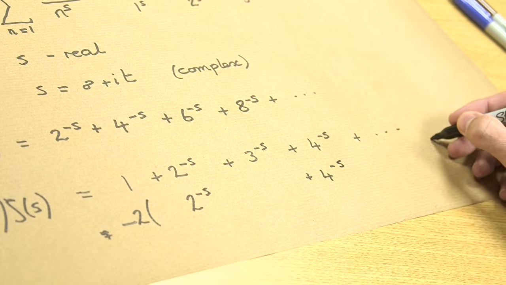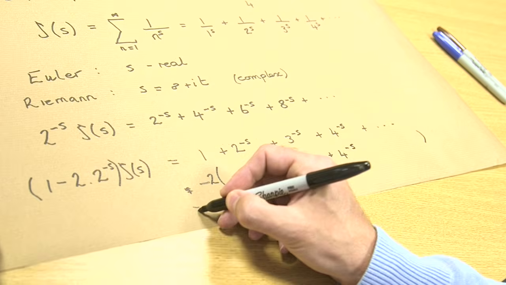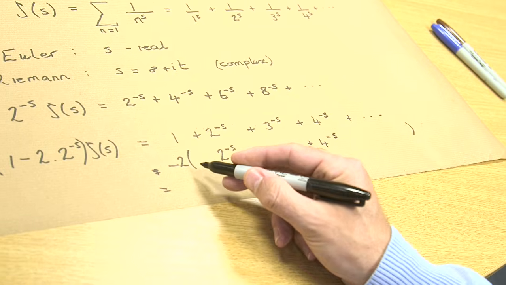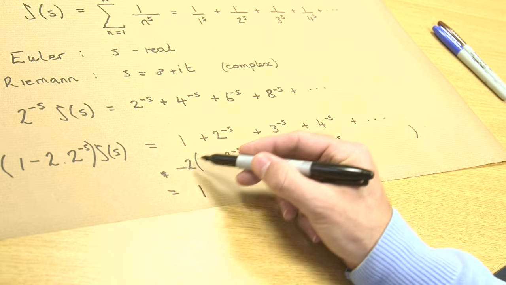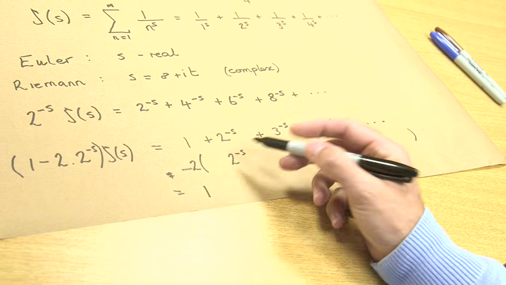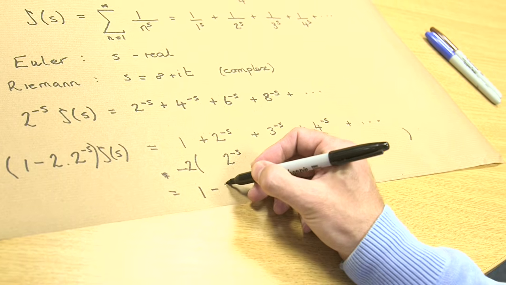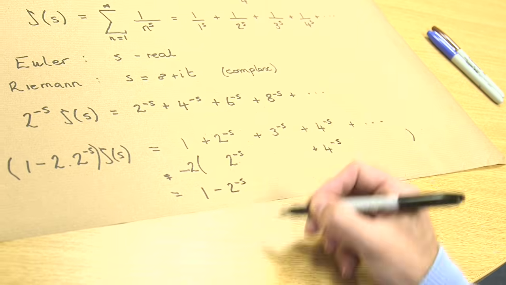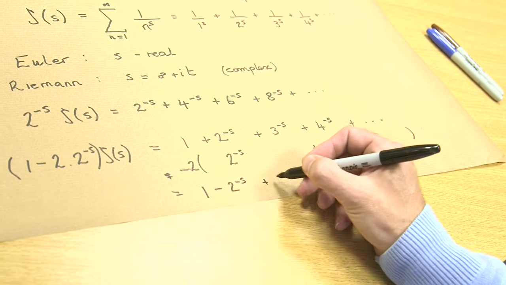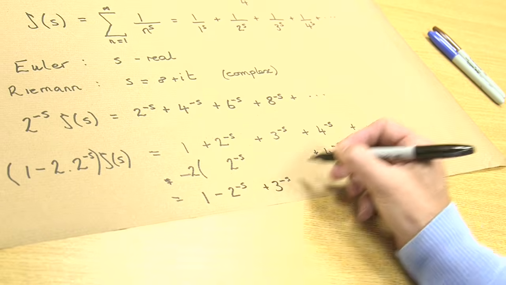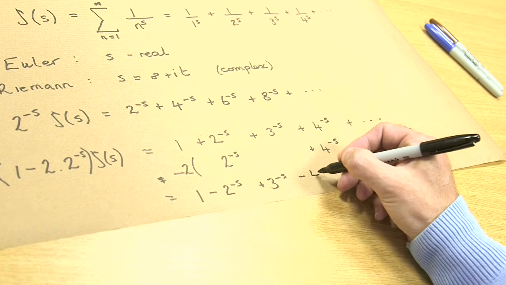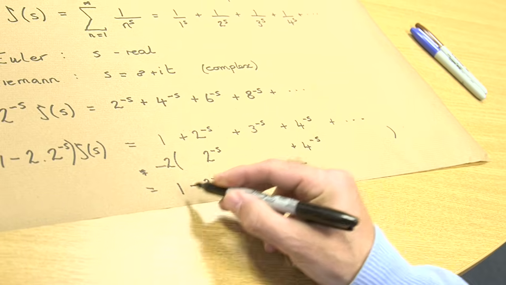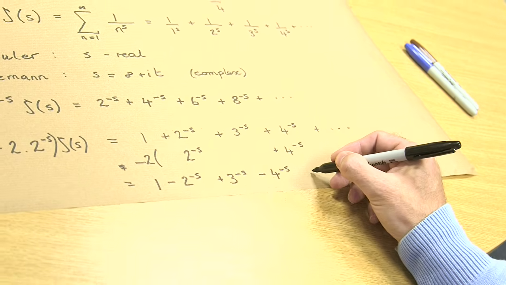The 1 just lives by itself, that's okay. I've got 2 to the minus s minus 2 lots of them, so this gives me minus 2 to the minus s. The 3 is by itself, so that just stays as it is. 4 minus 2 lots of 4 gives me minus 1 lot of 4. So you can see I'm beginning to alternate.